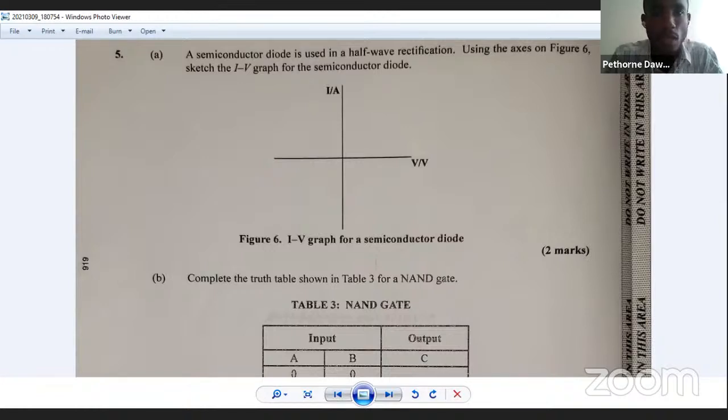In terms of half-wave rectification, a component called a semiconductor diode is used, which is basically a one-way valve for current. It allows current one way, but it doesn't allow it in the opposite way. Just think about a valve in a water pipe. It allows flow one way, but if the water tries to go back, it doesn't allow it. Sometimes, especially in the Manchester area, we have to put on those things because if you have a drum and you store water, it can run back out into the main.